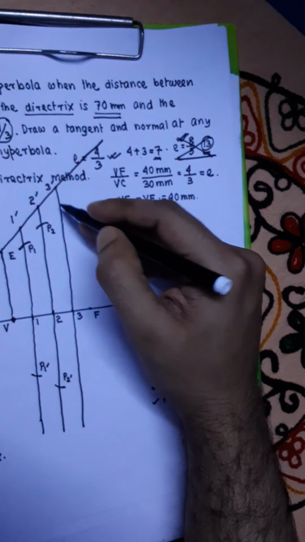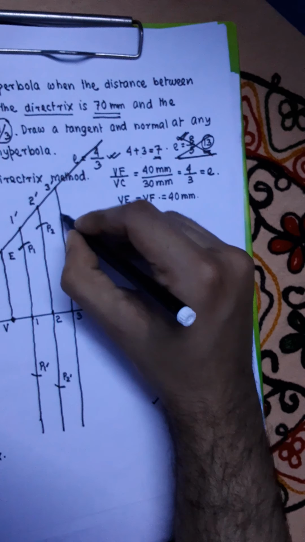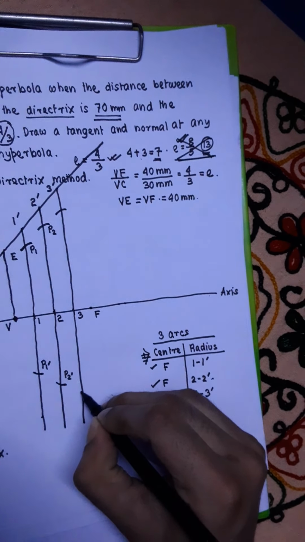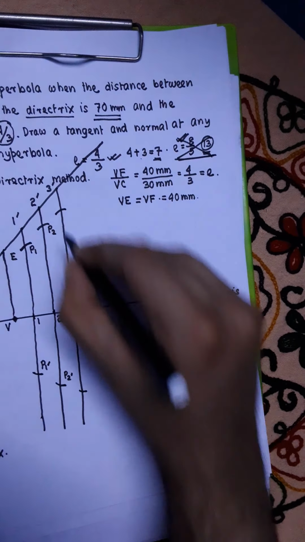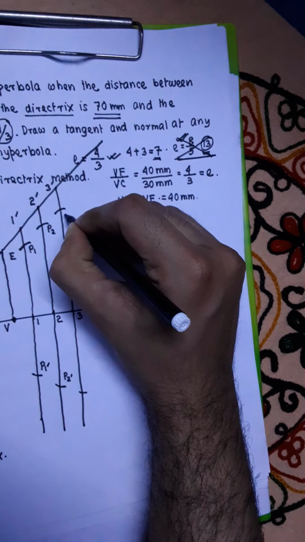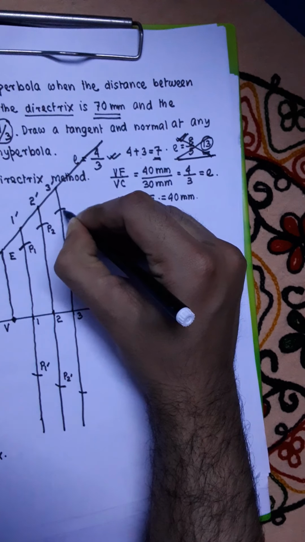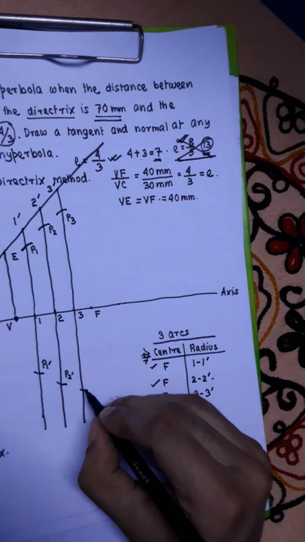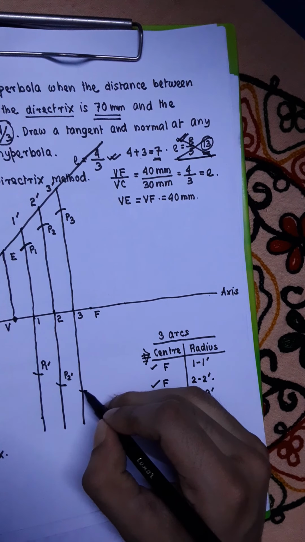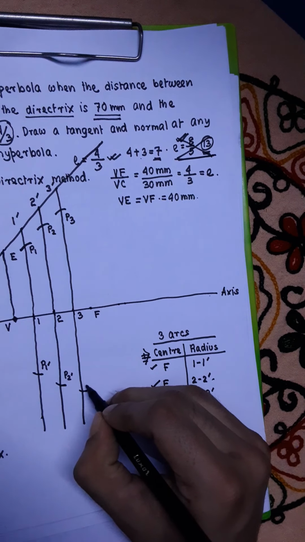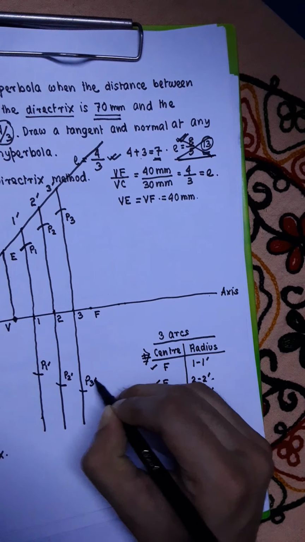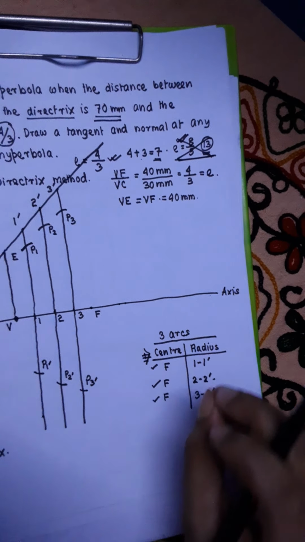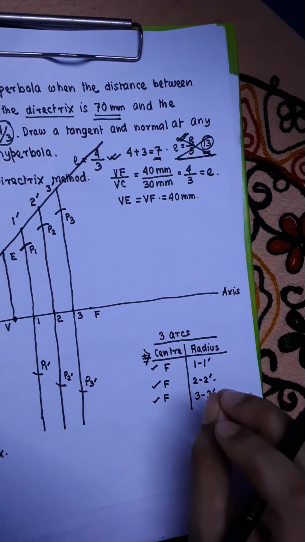Obviously this arc will also intersect the line 3 dashed at 2 locations, one on this side of the axis and another on this side of the axis. The intersection between the arc and the line 3 dashed on this side of the axis you call as P3, and the intersection on this side of the axis you call as P3 dashed.